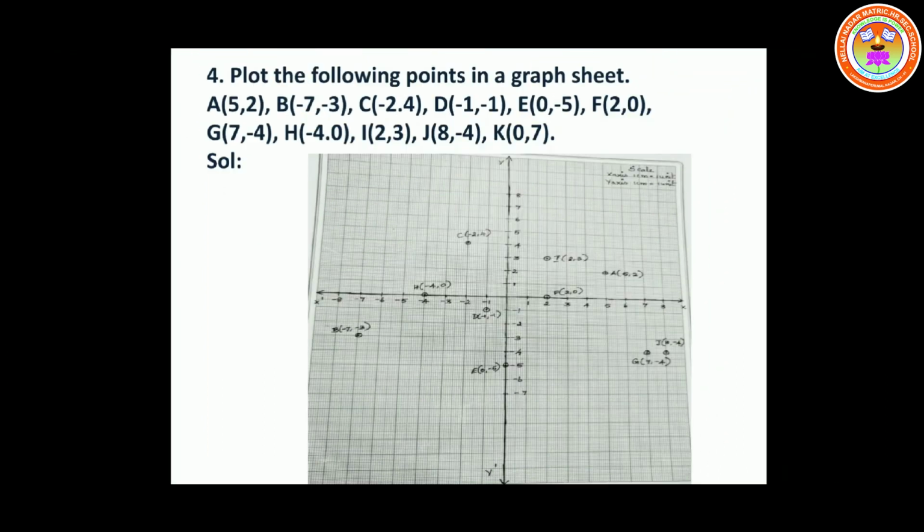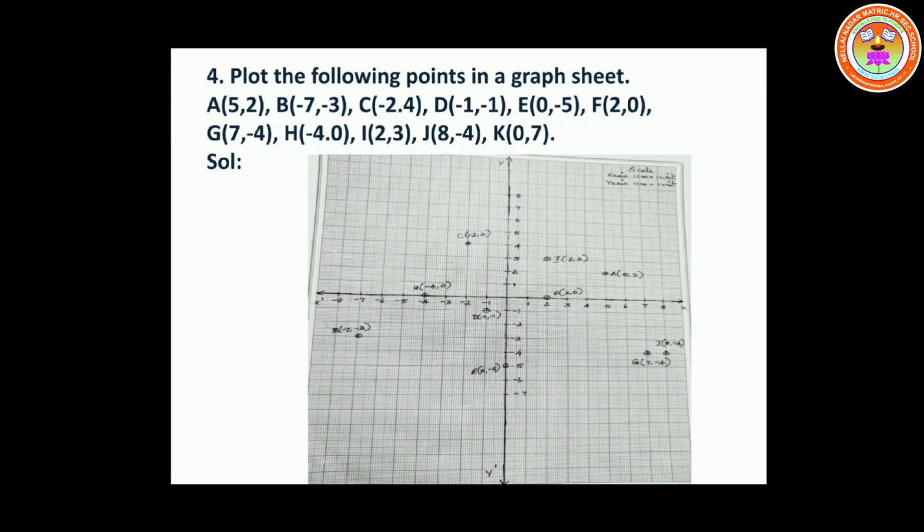Now how to do the scale? First, for the positive value of x, see which is the highest value. So here in all the points A, B, C, D, see the first value, that is the x coordinate, positive value which is highest. Now when you look at it, 5, minus 7 is not included. We'll just take the positive x values alone.